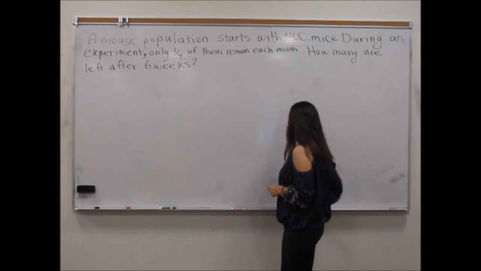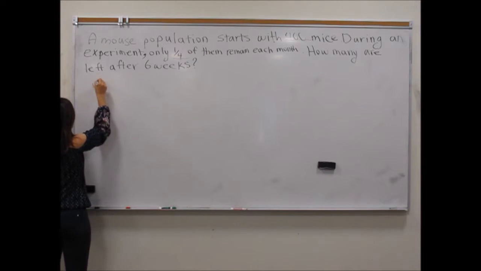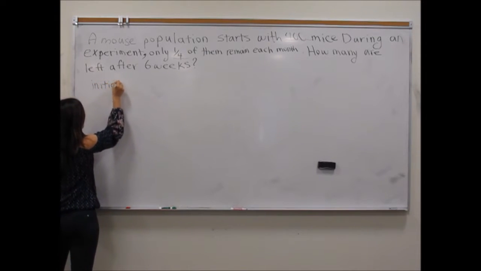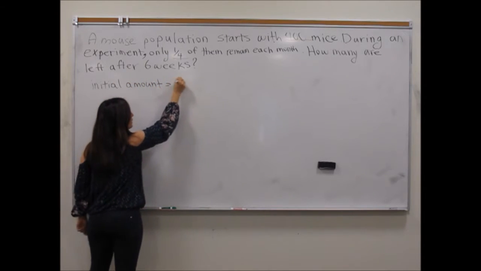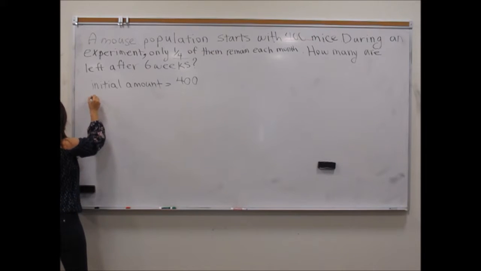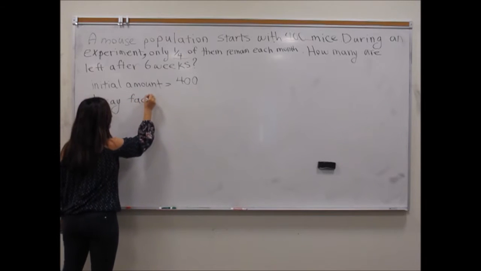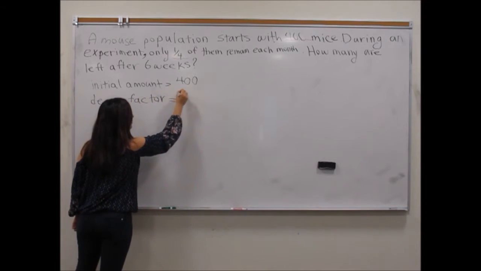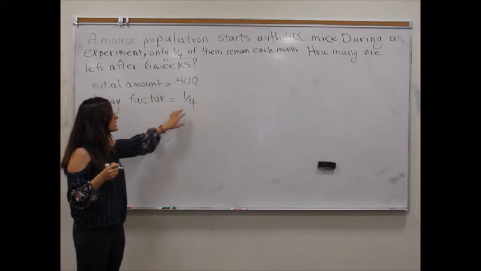So my initial amount is 400, and the decay factor is 1/4. And I know that I have a decay factor because it's less than 1.